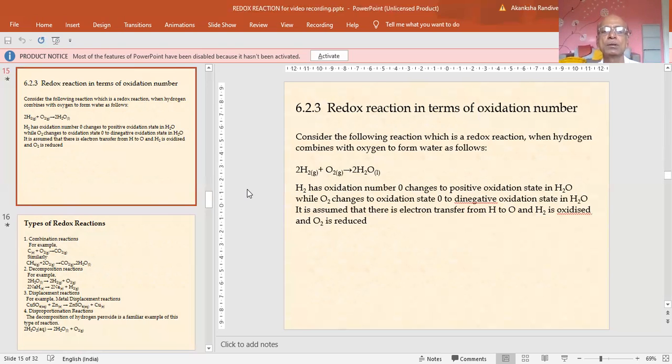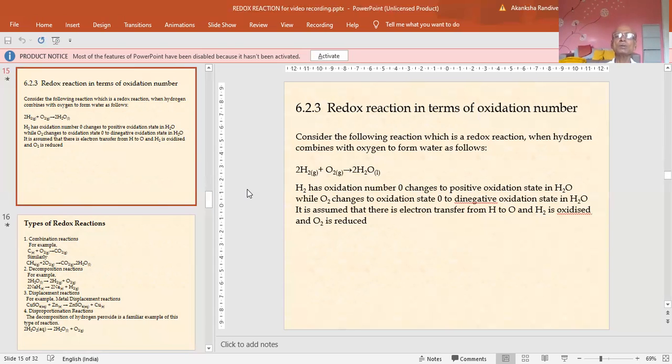In this case, hydrogen has oxidation number 0 and it changes to a positive oxidation state in H2O. So the 0 oxidation state of hydrogen changes to a positive oxidation state in water.